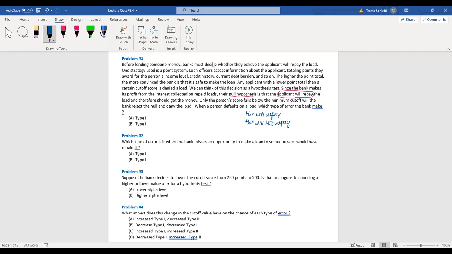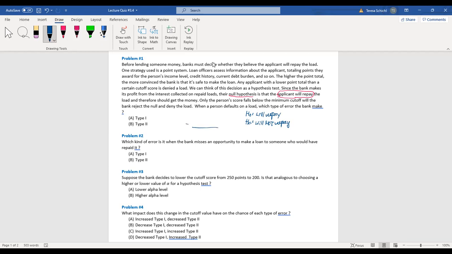Then the next thing is, how do I reject a loan? The higher the points, the better. So if they fall below a certain point, I'm going to reject it. Okay, now you can also draw a picture.